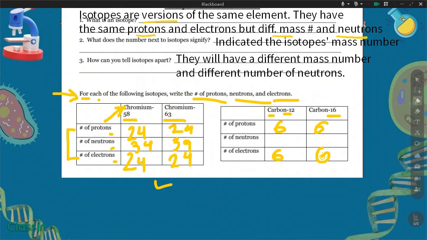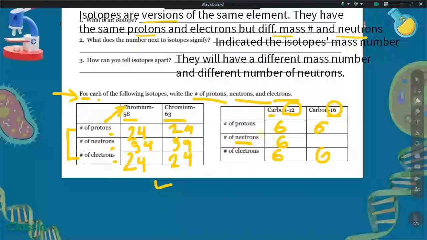Okay, so how are we going to look at the neutrons? You will see here that we got a mass number of 12 and a mass number of 16. To find the neutrons, we deduct 12 minus 6, and we get 6.